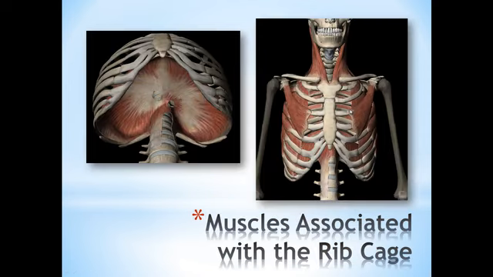So we have a lot of muscles that are associated with the ribs and the rib cage and breathing, and we like to call these ventilatory muscles. The ventilatory muscles are unique.